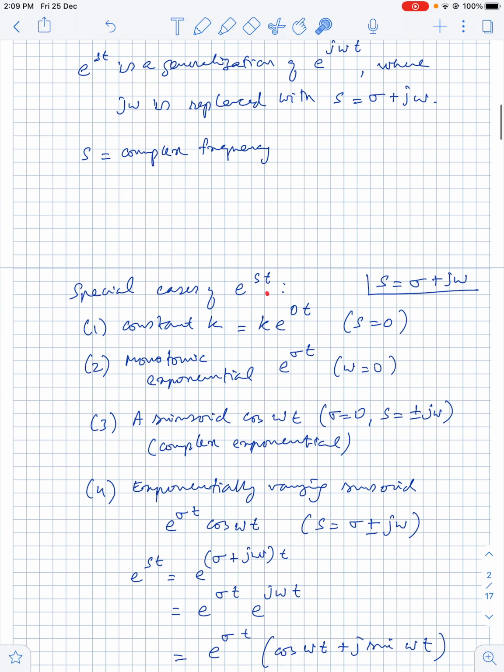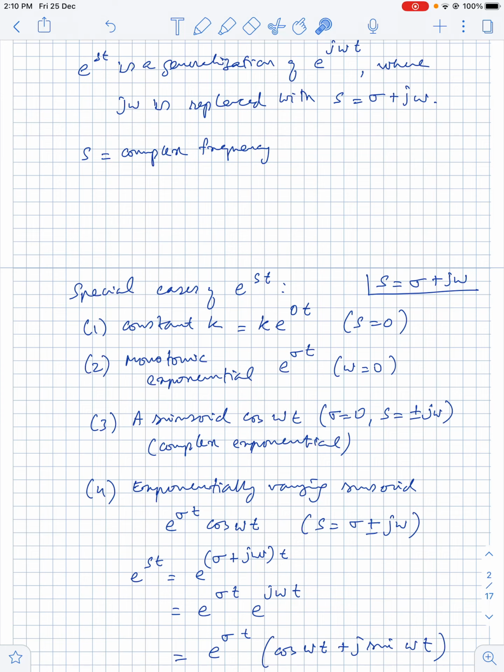So e raised to st can represent, for example, a constant, where s is 0. Any constant can be represented by e raised to st with some appropriate scaling factor, but when s is 0, e raised to st is a constant. When s is purely real, that is, if j omega is 0, s becomes only sigma, and e raised to st becomes e raised to sigma t, where sigma is a real number.